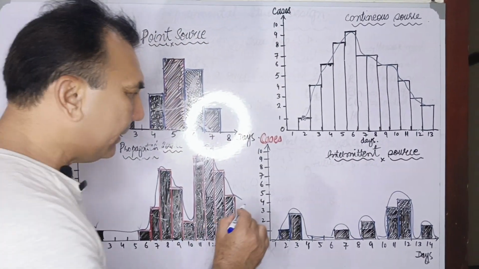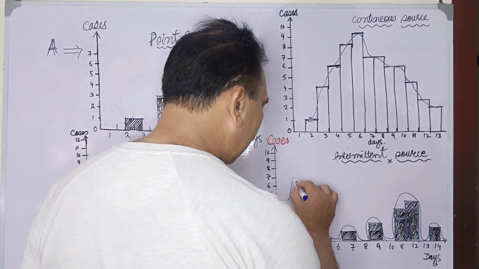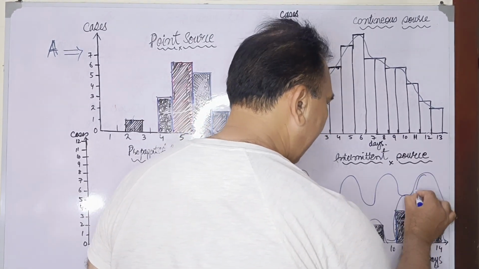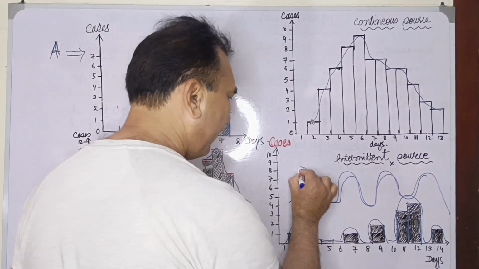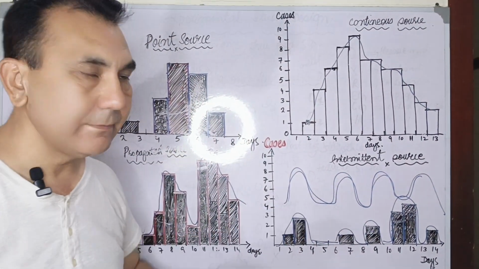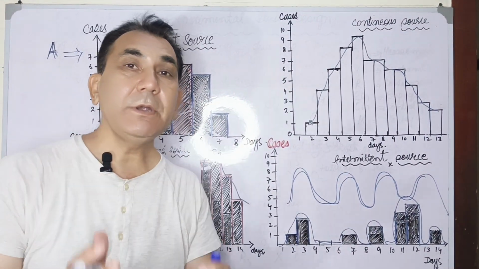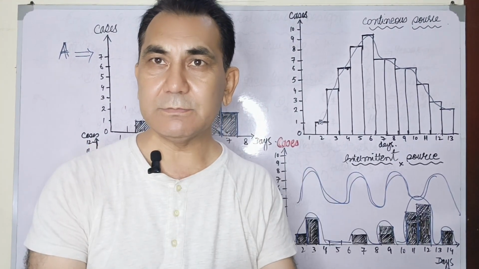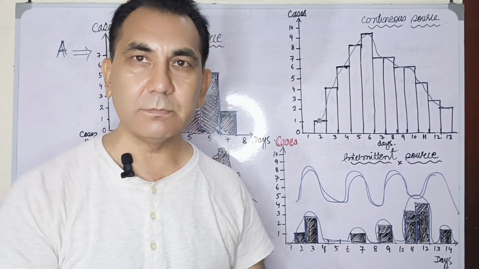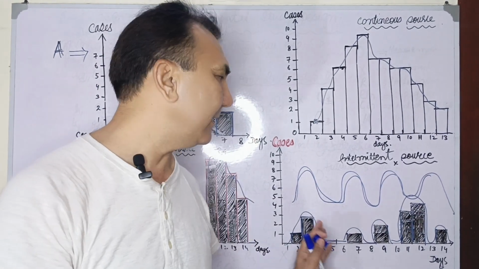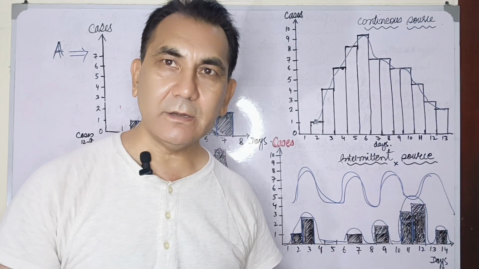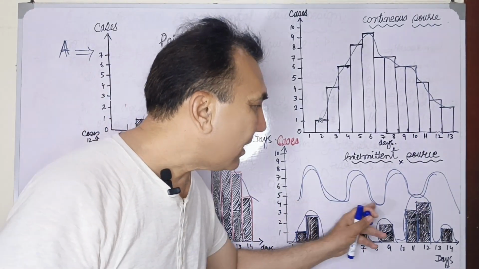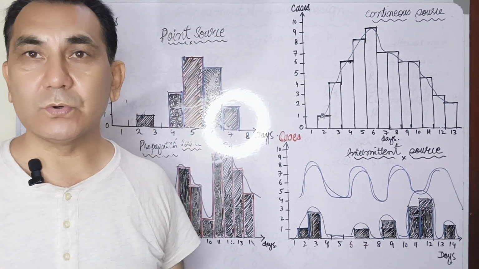So in intermittent cases, you will find a wave-like pattern, like this. The number of cases increases for some time period, then comes down below the baseline, then again increases, then again comes down to the baseline, then again increases. So it is called the intermittent source.